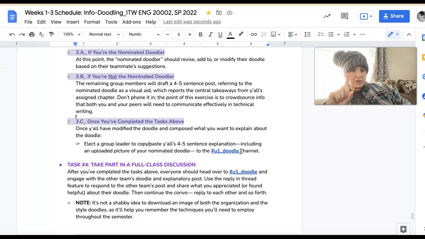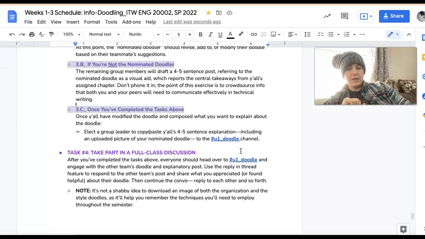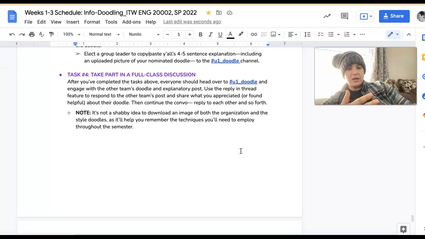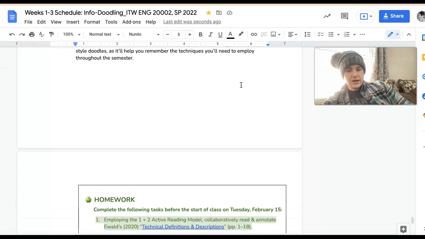Okay, so just one person is doing that per group. All right. And then we proceed to the very last step, which is to take part in a discussion on the Unit 1 Doodle channel, right? I personally think it's not a shabby idea to download both doodles because I think that they're going to be sort of like guiding stars in terms of how we're presenting our writing, all right?